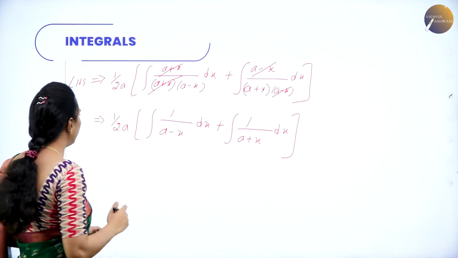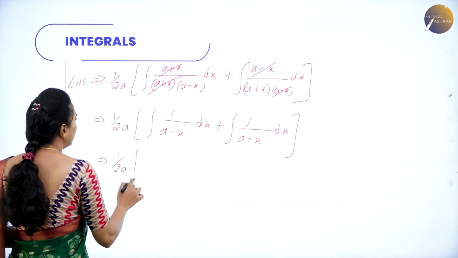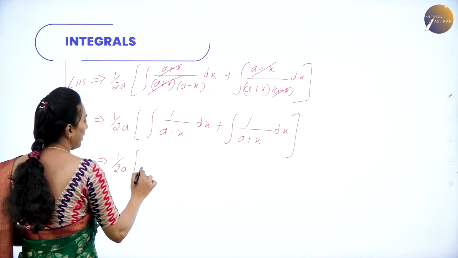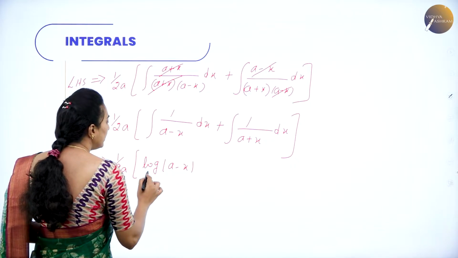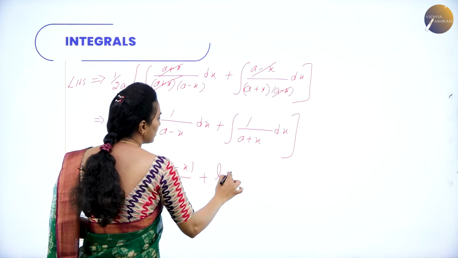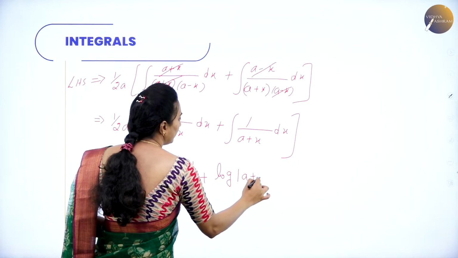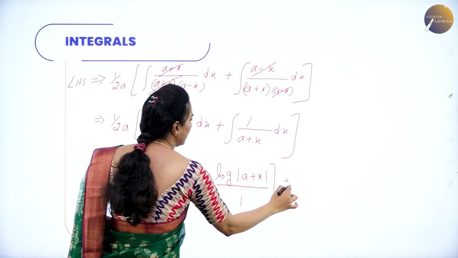Therefore, dividing by that, you get 1 divided by 2a into log of modulus of a minus x divided by minus 1, plus log of modulus of a plus x divided by plus 1, plus c.